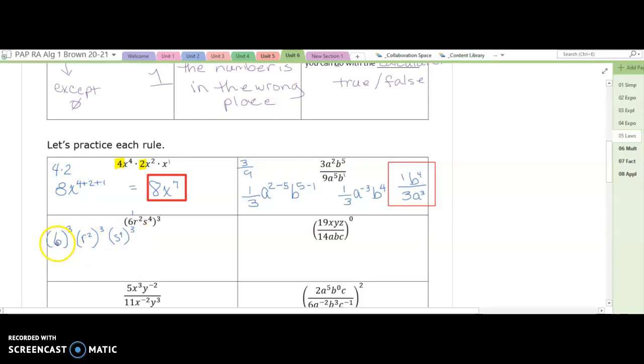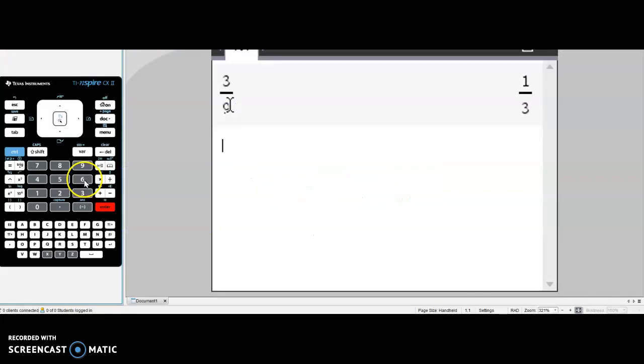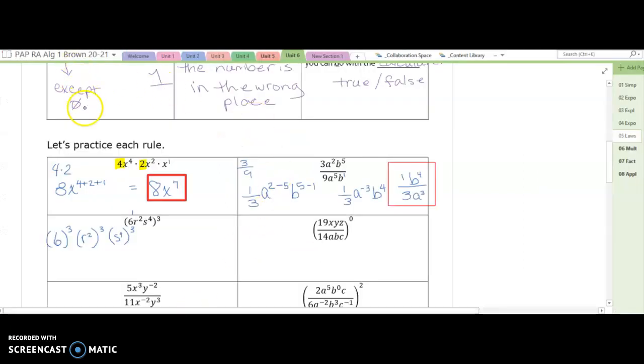6 to the third power is 216. And then r squared raised to the third power.